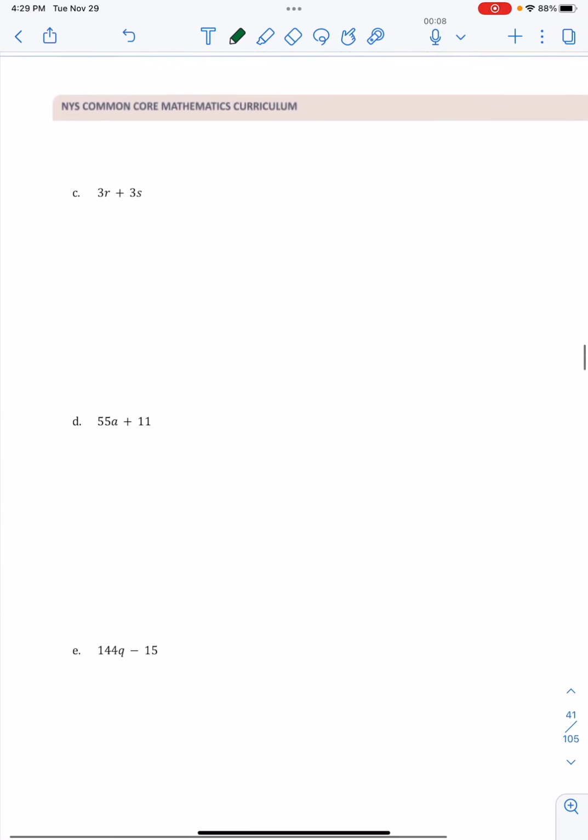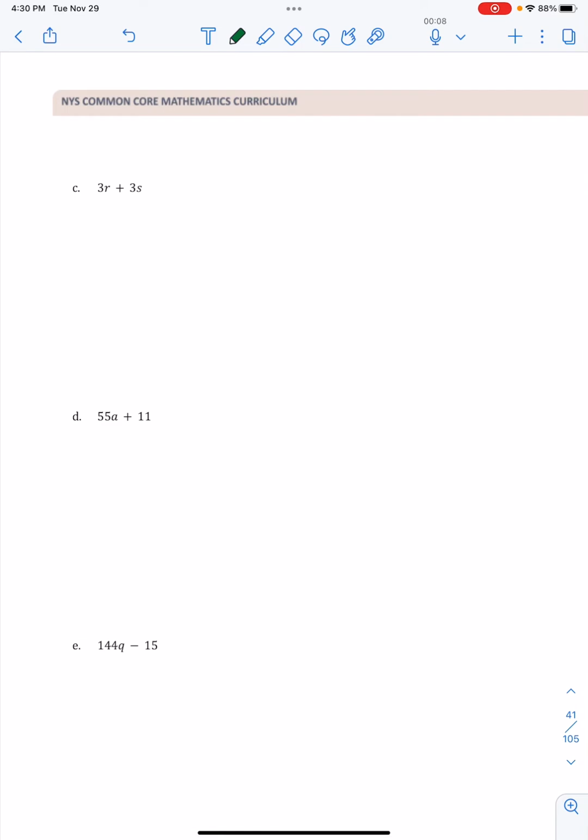My next problem, both of these are 3s, so I can just do the 3. My factors are 1 and 3, so obviously my greatest common factor is the 3. So I'm going to put it in my box. So 3r plus 3s. So I'm going to bring 3 out here.